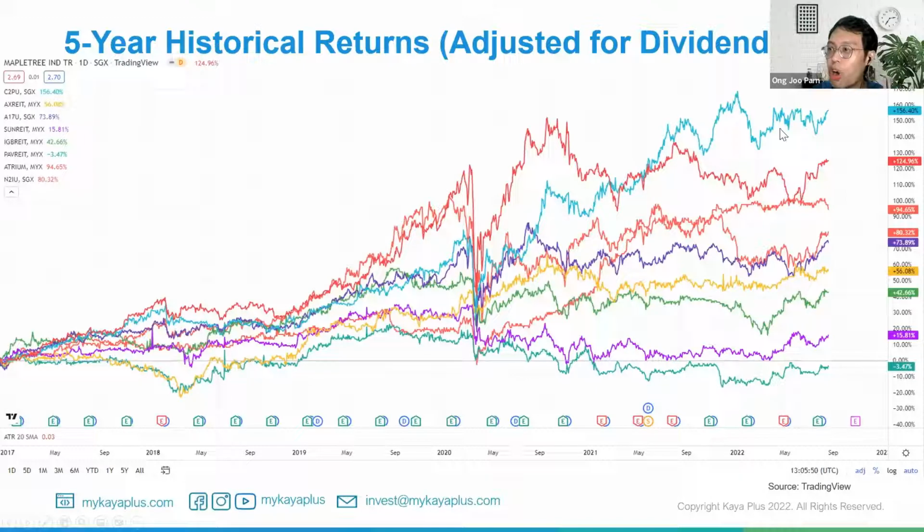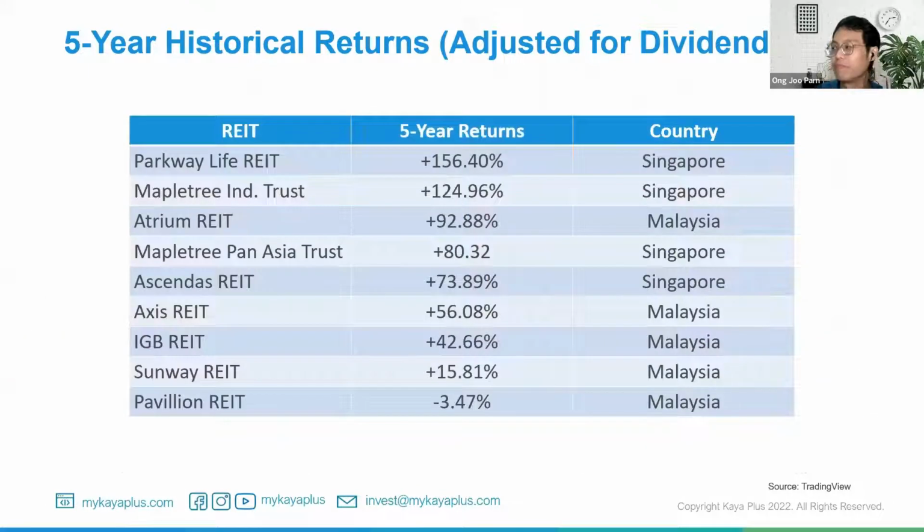So you can see from the red line and the blue line, it's a little bit complicated if you look at the color schemes. But if I were to make it the chart right here, you have at the top Parkway Life REIT, 5-year returns 156%. In second place, Mapletree Industrial Trust, 125%.